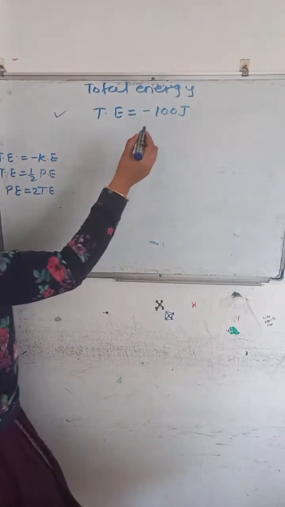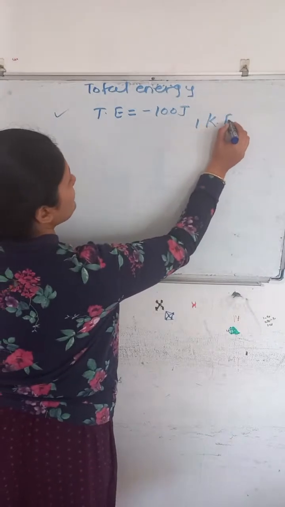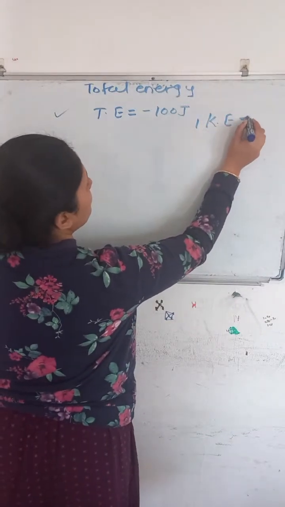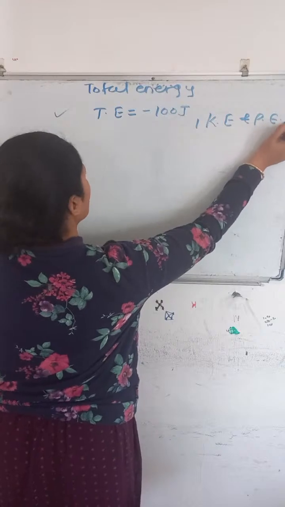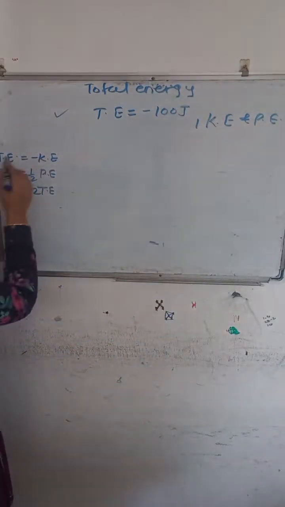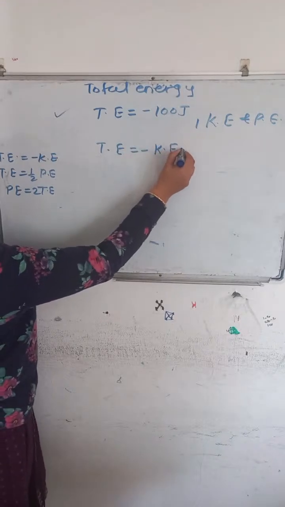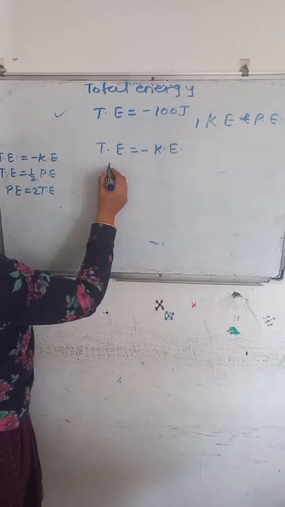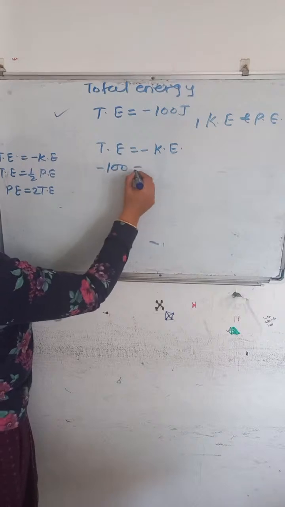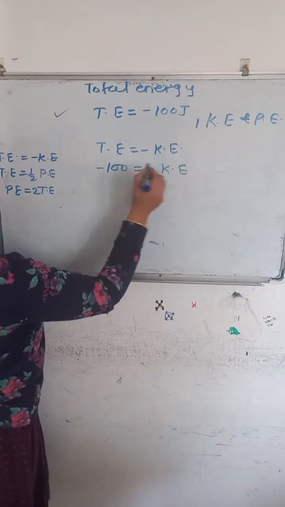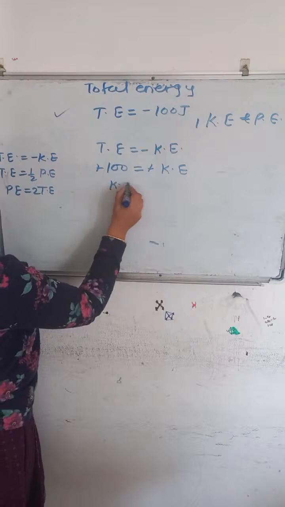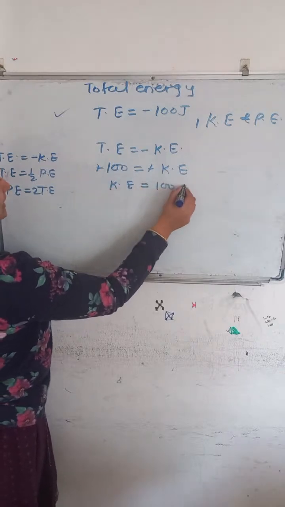They are asking us to find the kinetic energy and potential energy. Okay, we have to calculate. We know that total energy is nothing but minus kinetic energy. So total energy I have here minus 100 joule equals minus kinetic energy. Minus gets cancelled, and kinetic energy I got as 100 joule. The energy unit is joule.